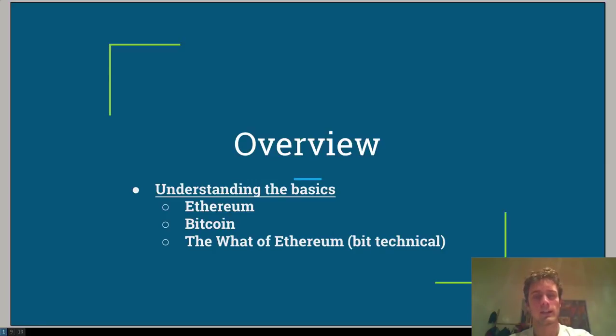It will really give you a different outlook on what it is. So I think it's going to be very valuable to you, even if you're just interested in investing and you're not necessarily a developer. And if you are, then it's definitely something that you should know.